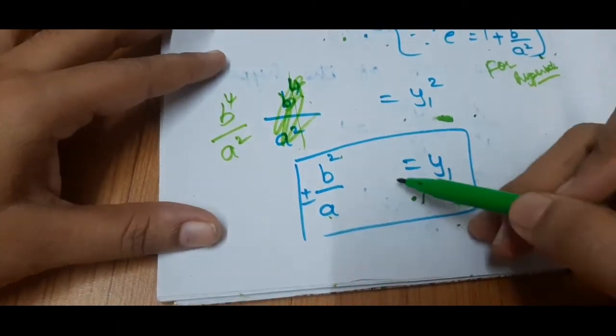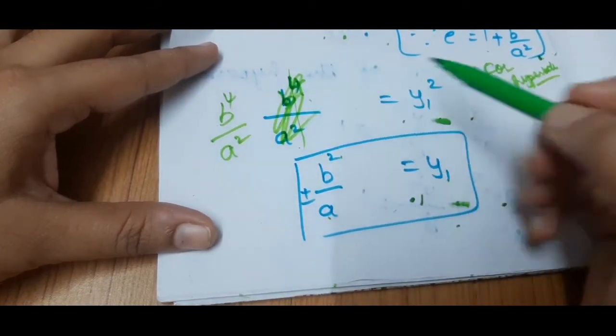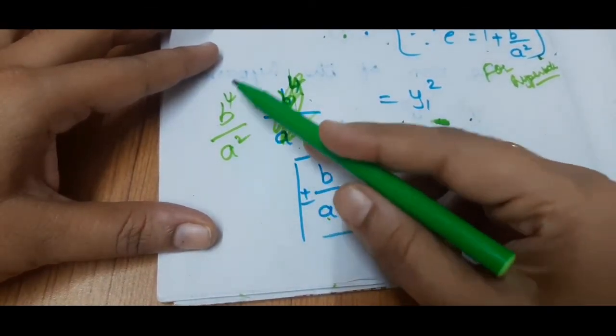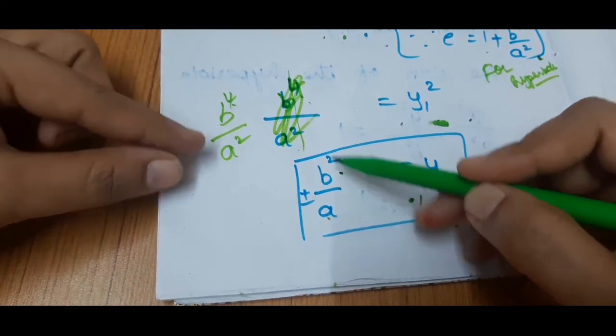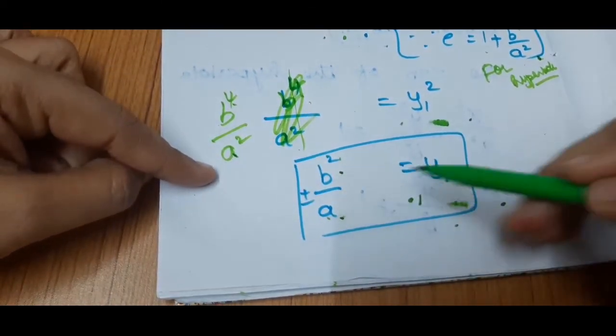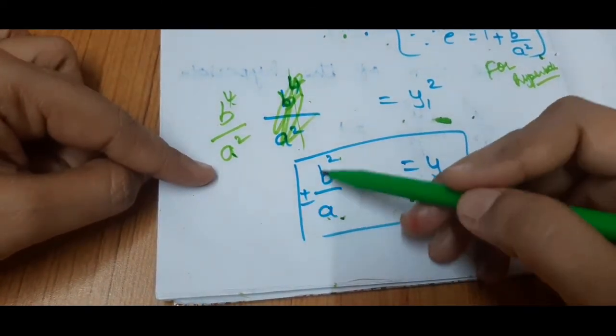For y1, I have to find the square root. The square root of b power 4 is b square, and the square root of a square is a. Therefore y1 is equal to plus or minus b square by a.